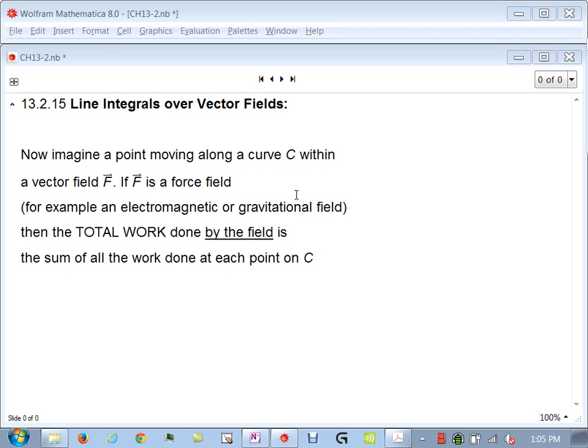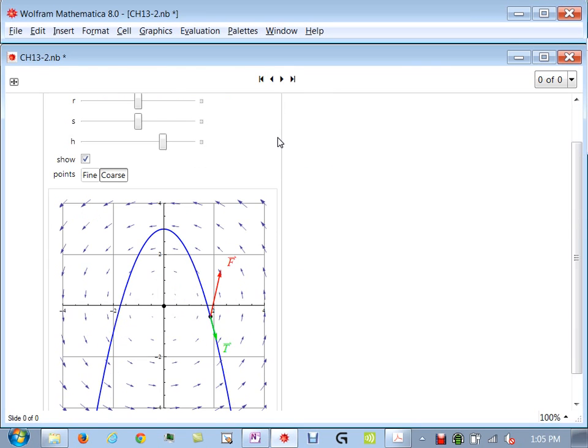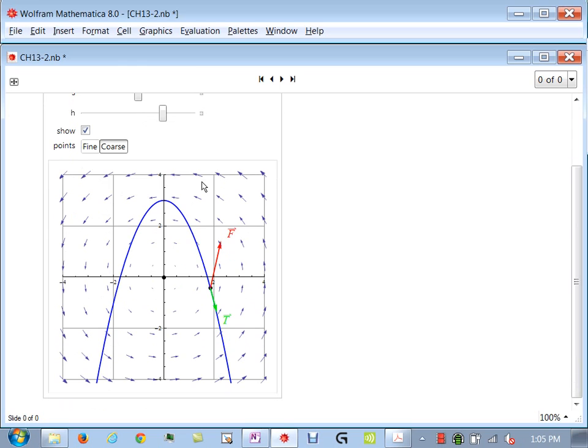All right, this is where we ended last time, right? We started out talking about line integrals over vector fields. What I was trying to convince you of was that if we have a point moving along a curve, it has a tangential component, like where it's headed.